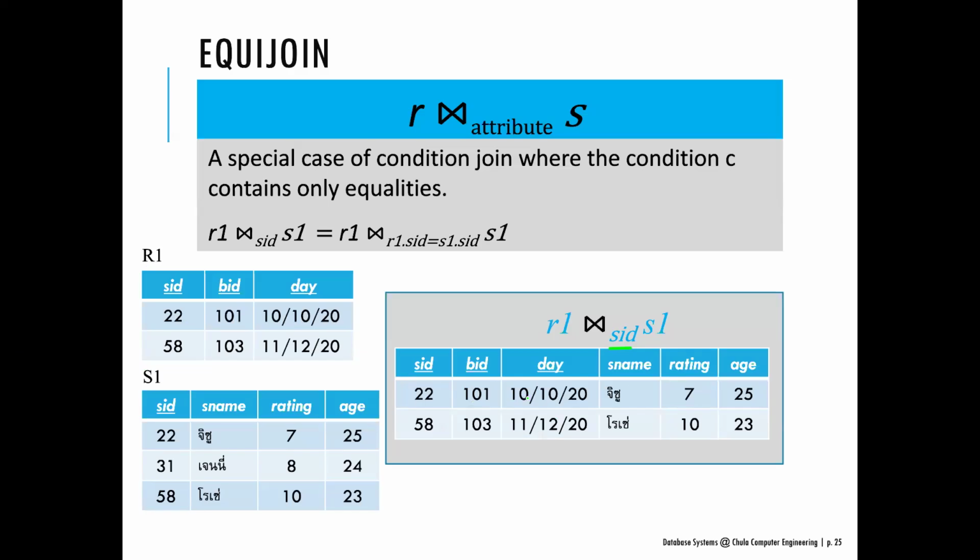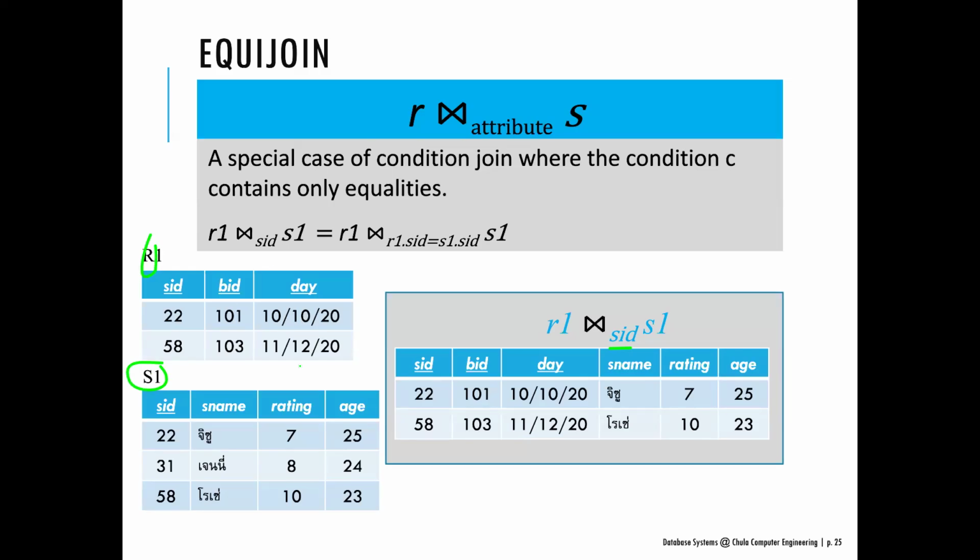However, you have to note here that how many attributes are there on the result here? How many attributes? There are 6, right? But when you do R1 cross product with S1, how many attributes were there? What is the degree?